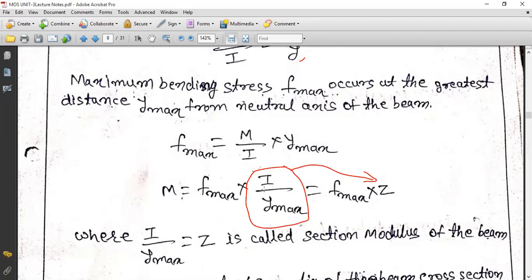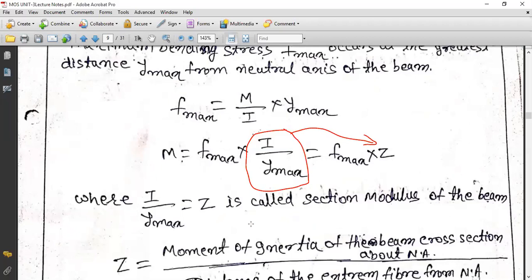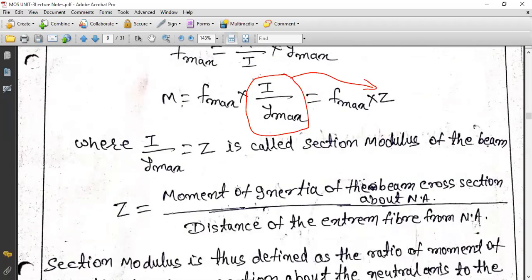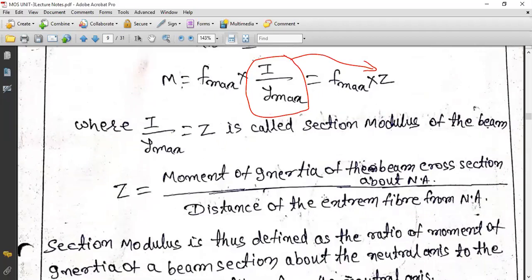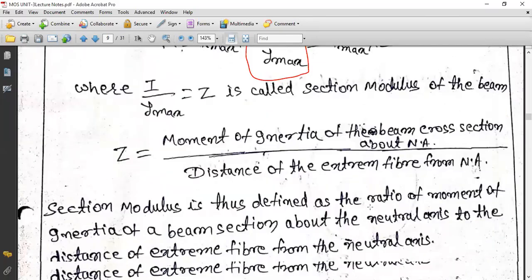If I am maximum, then the strength of the beam is also maximum. So Z is equal to the moment of inertia of the beam cross section about the neutral axis upon the distance of the extreme fiber from the neutral axis.